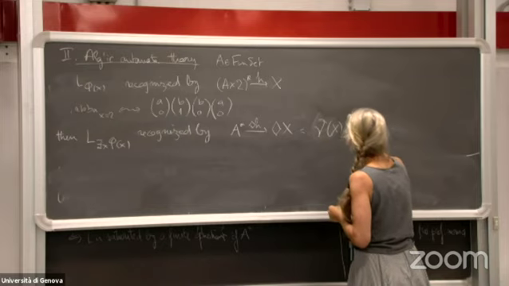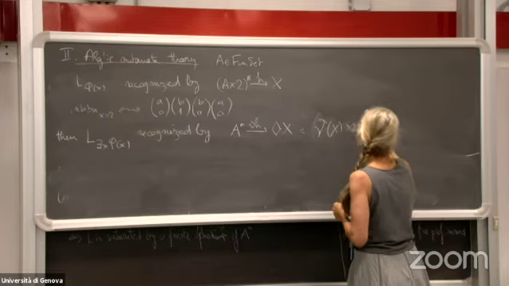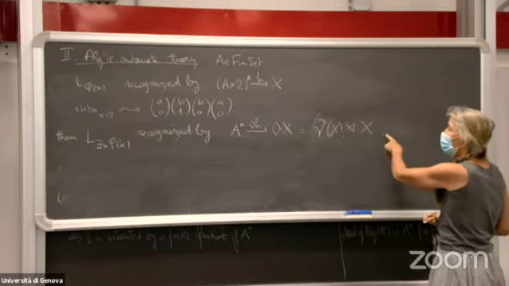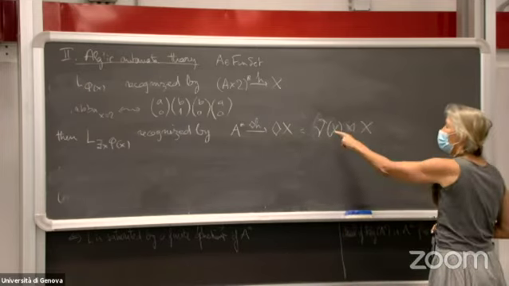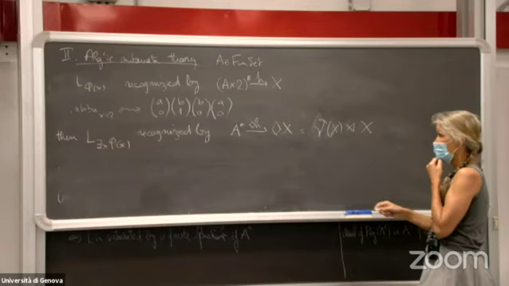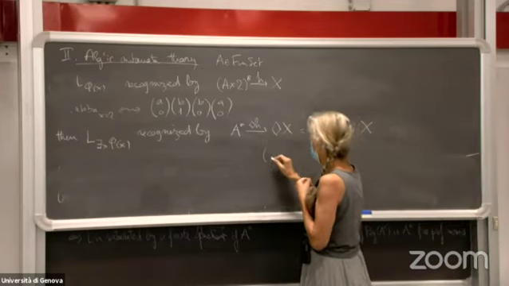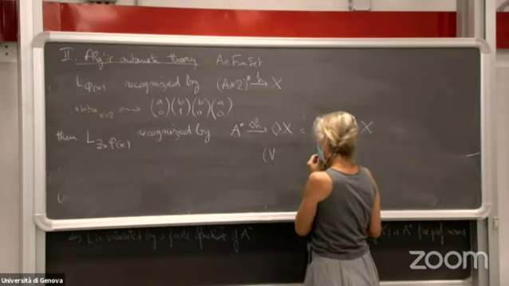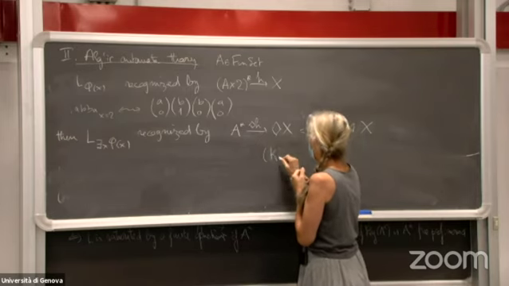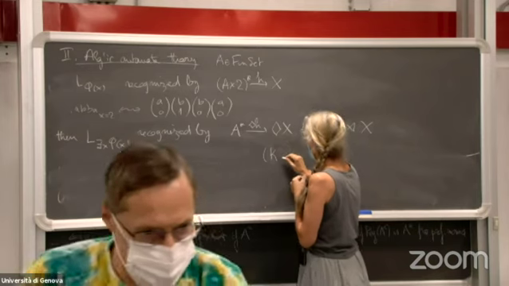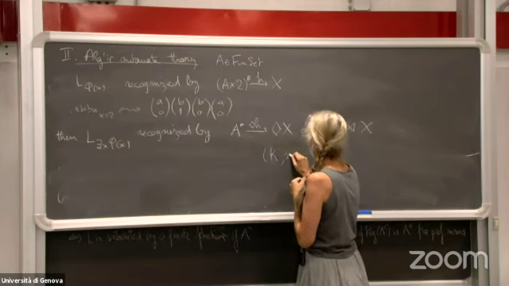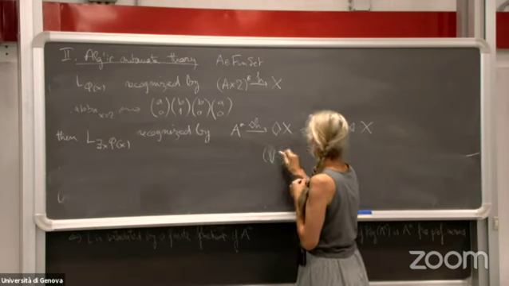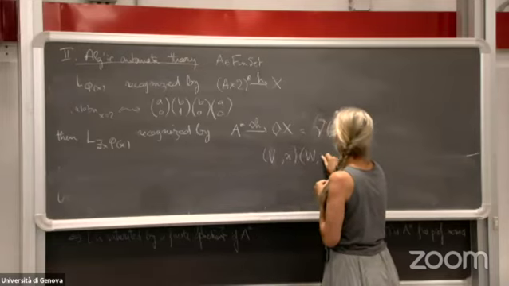with X. I don't know which order I want to put them in. But it's a semi-direct product of the Vietoris space of X with X, where the multiplication is as follows. You have a closed set K and a point, and another one, and y.